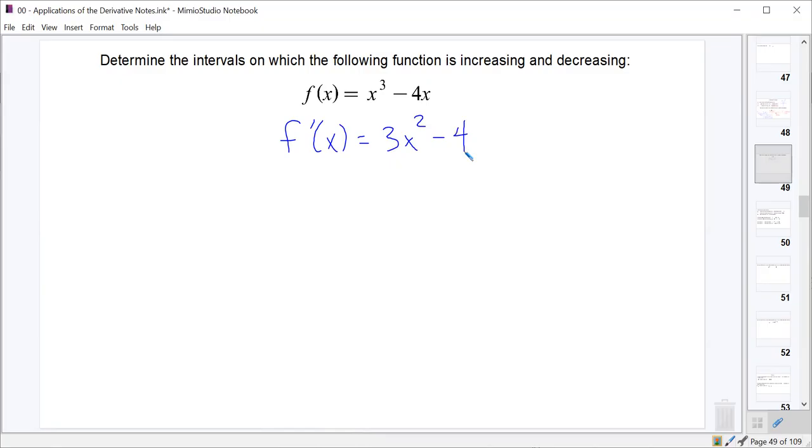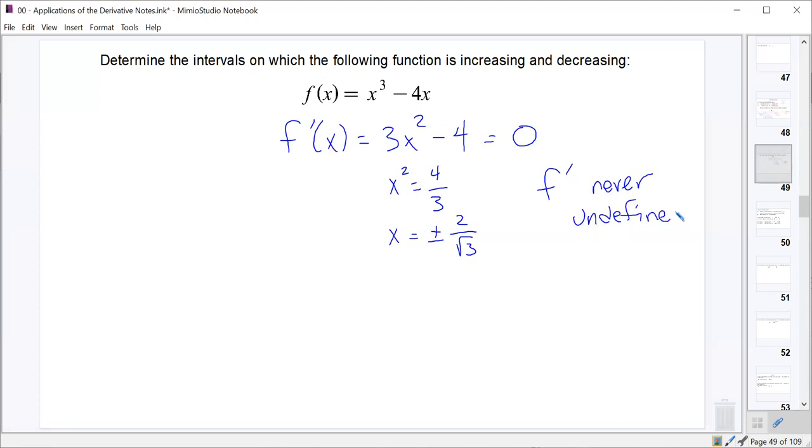And if we were to set that equal to 0, we would end up with x squared equals 4/3, or x equals plus or minus 2 over root 3. We'd also want to note that f prime is never undefined. So there are no other critical values other than positive 2 over root 3 and negative 2 over root 3.